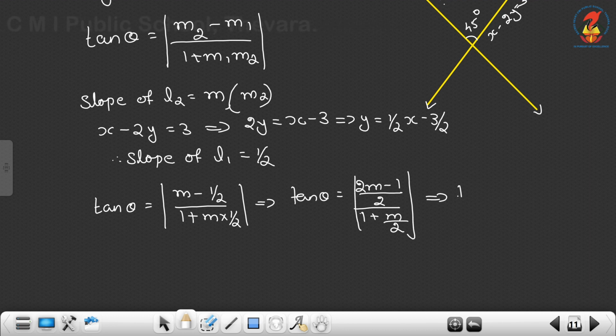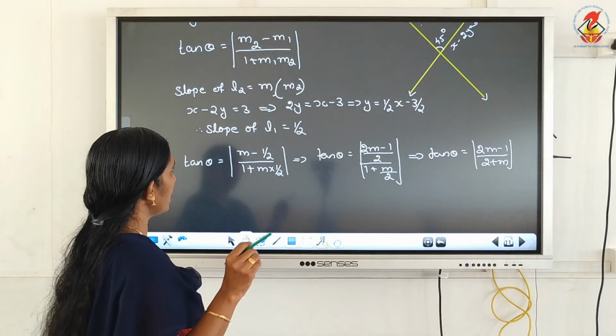Again simplify. So tan theta is equal to (2m minus 1) by (2 plus m), as the 2s cancel. Modulus is there, so without the modulus symbol you have to apply plus or minus.